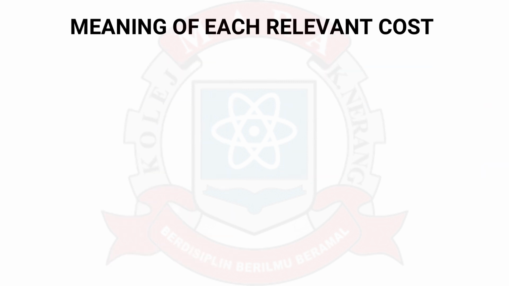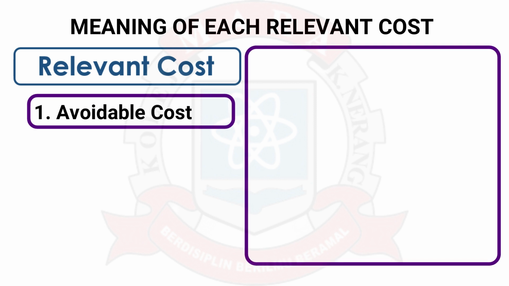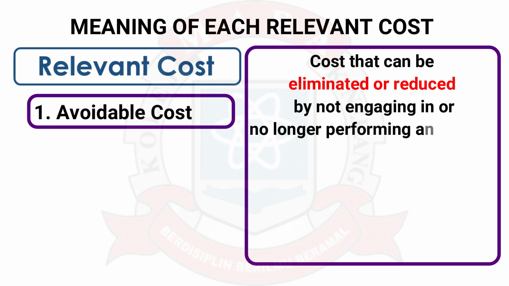Let us move on to look at a deeper meaning of avoidable costs. Avoidable cost is the cost that can be eliminated or reduced by not engaging in or no longer performing an activity.